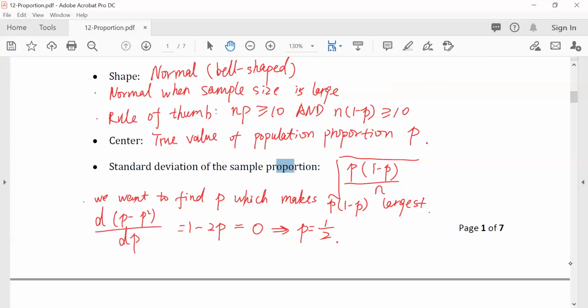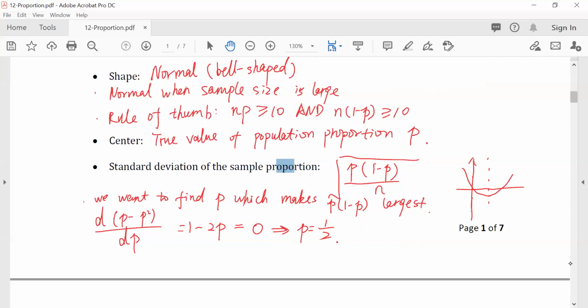If this derivative is a little bit difficult for you, you could also draw the graph. If you draw p times 1 minus p, it will be something like this.